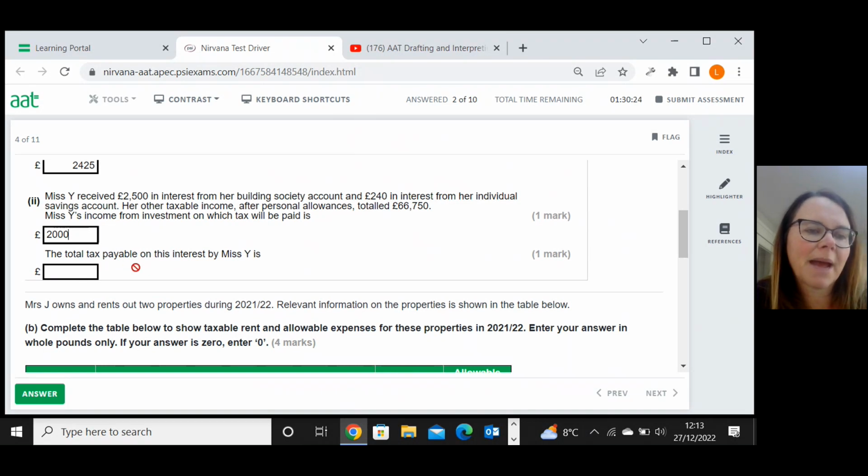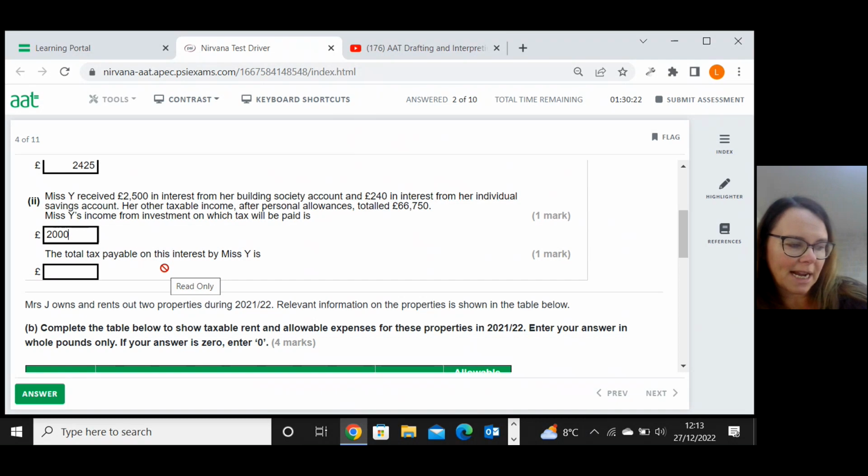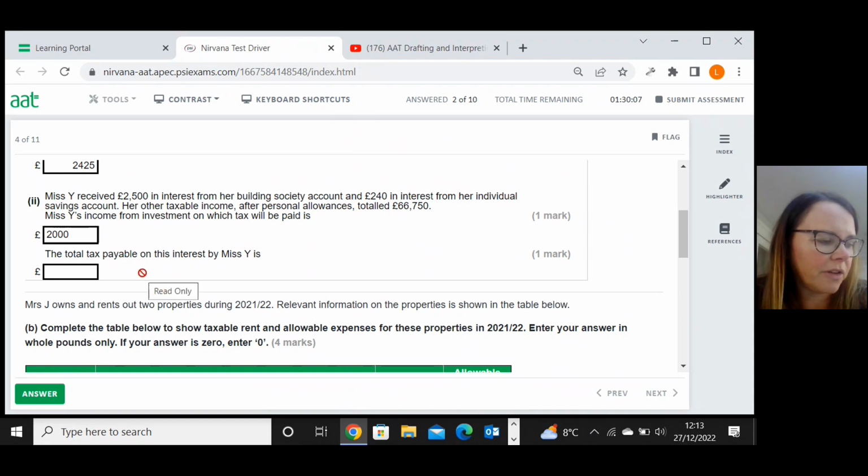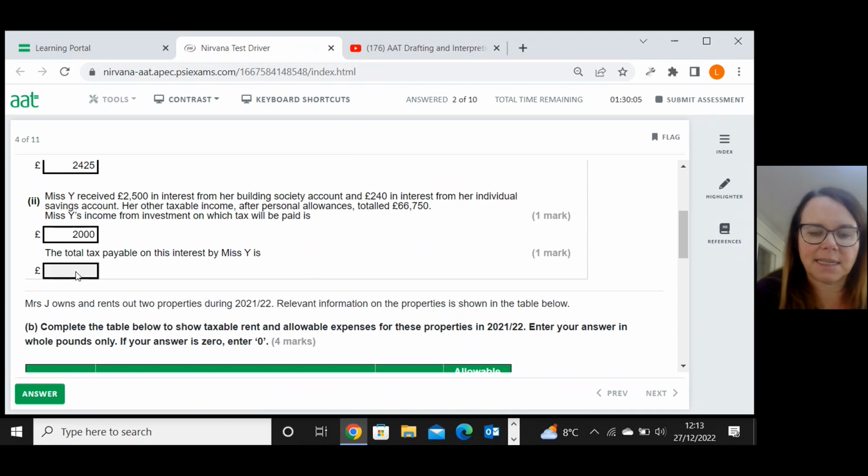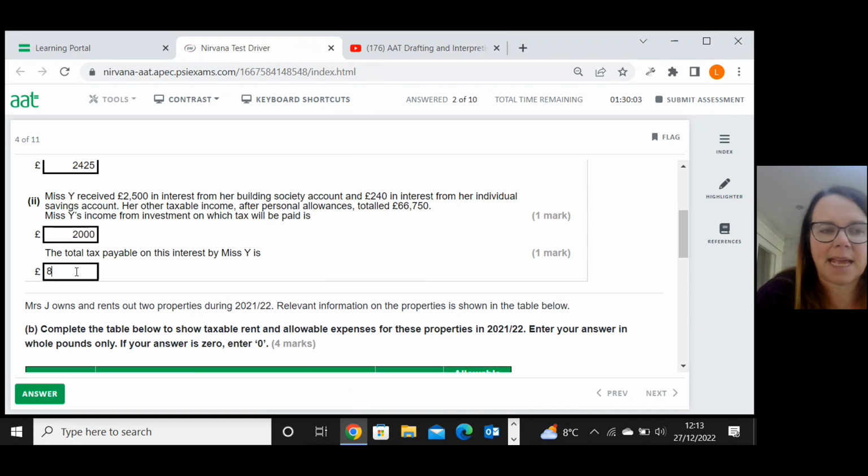The total tax payable on this interest: it's all going to be in the 40% bracket, isn't it? Because she's already up to 66,750. So 2,000 at 40% means she will be paying £800 of tax.